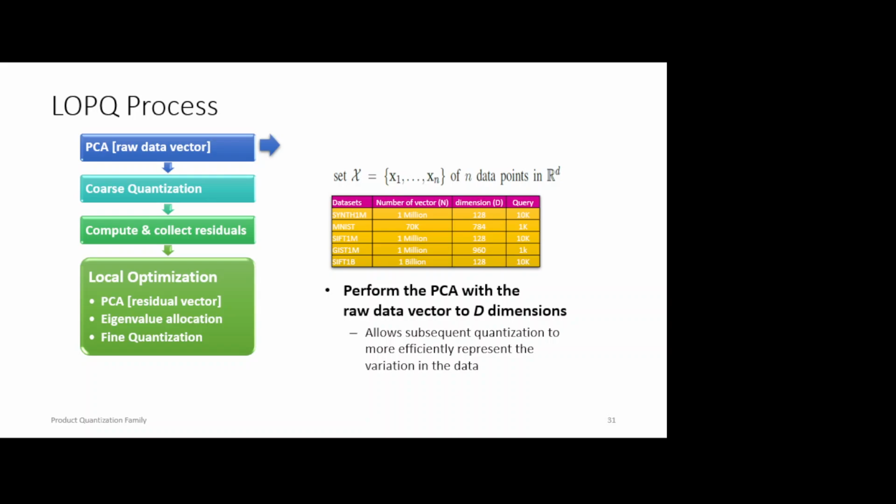Usually the performance will not degrade a lot, maybe just a little bit, and sometimes it will even improve your accuracy, because by using PCA for dimensionality reduction, you can also remove some noise from your dimensions. So this is why we apply the PCA first.